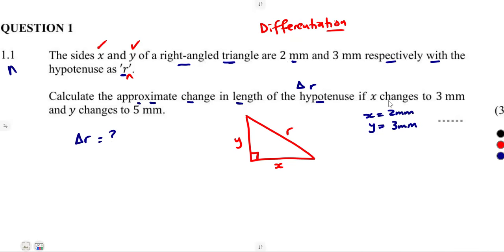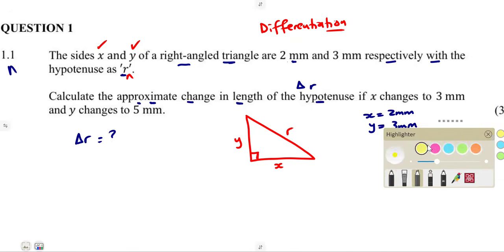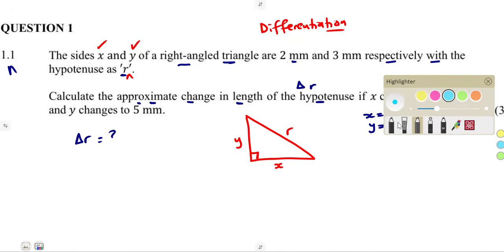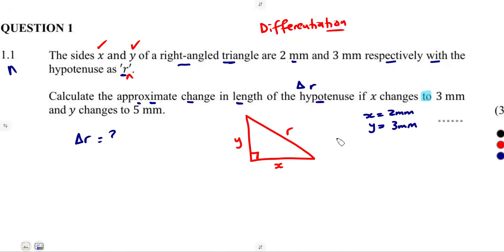If x changes to 3 millimeters, that is the major part of our statement. Our x originally is 2 millimeters, so this is x1. Then we've got x2, which is now 3 millimeters.